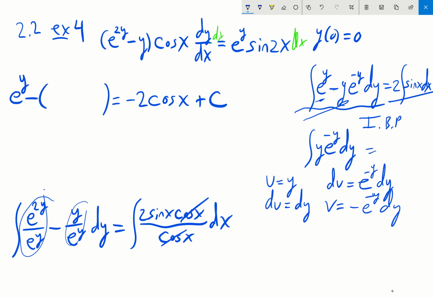And then via integration by parts, this should be equal to the u times v. So we're going to get u times v, which gives us negative y e to the negative y minus the integral of v du. v is this, du is this, so it's negative e to the negative y dy.